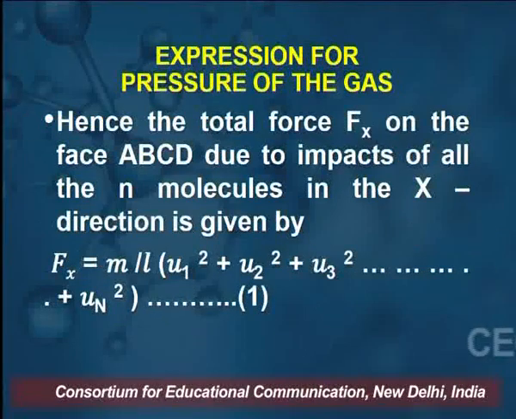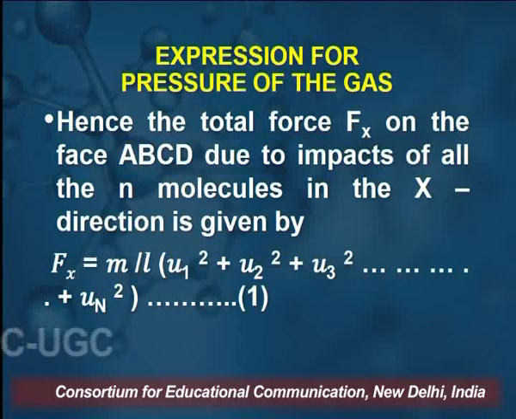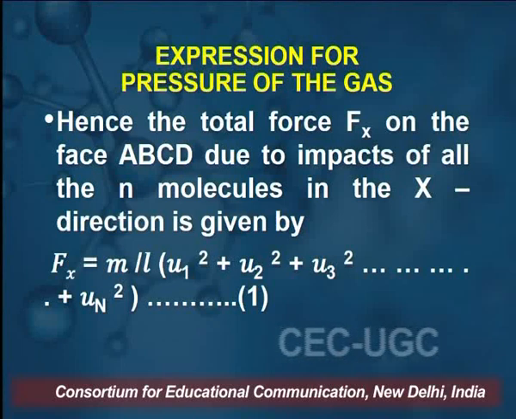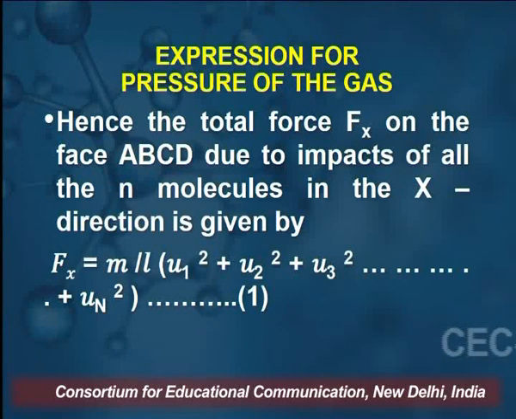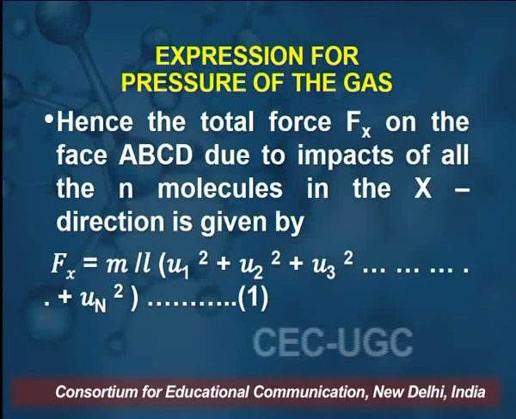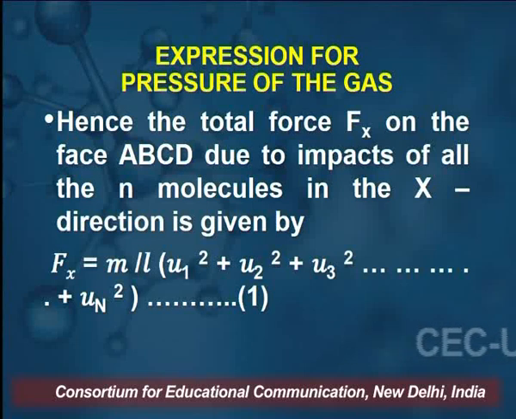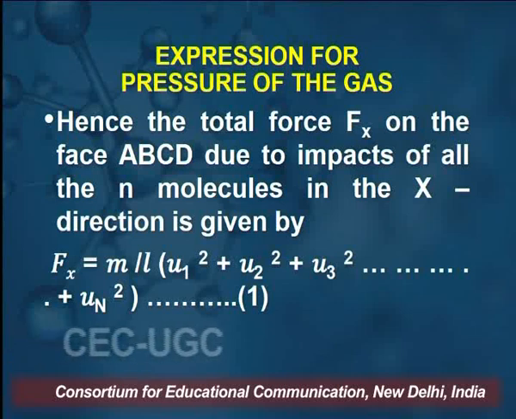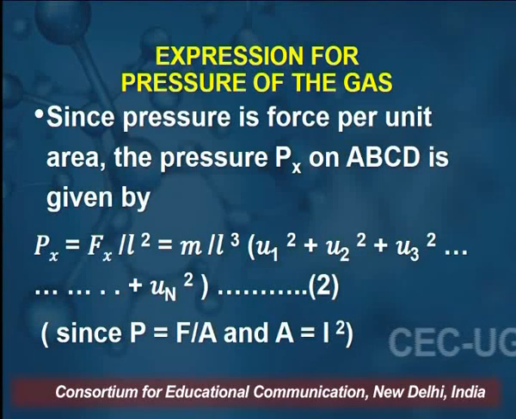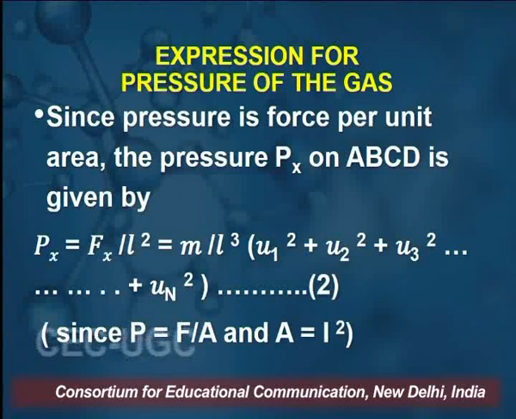Hence, the total force Fx on the face ABCD due to the impact of all the n molecules in the x direction will be given by Fx is equal to m by L into u1 square plus u2 square plus u3 square plus so on so forth un square. Call this expression 1.